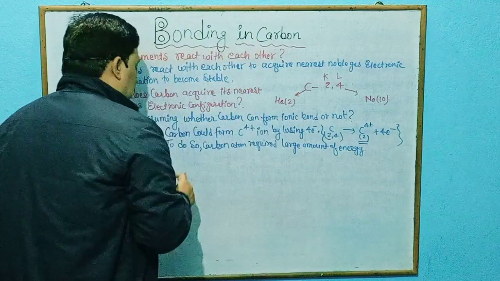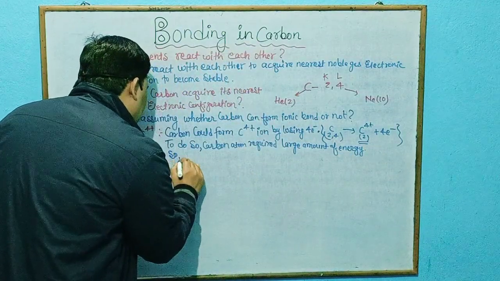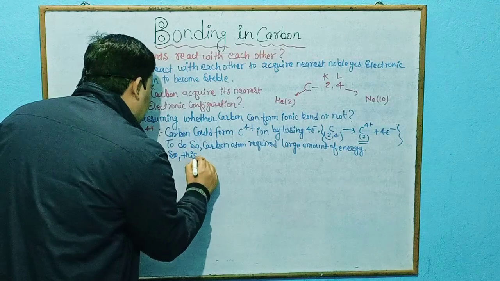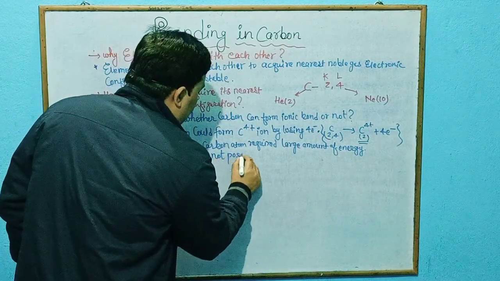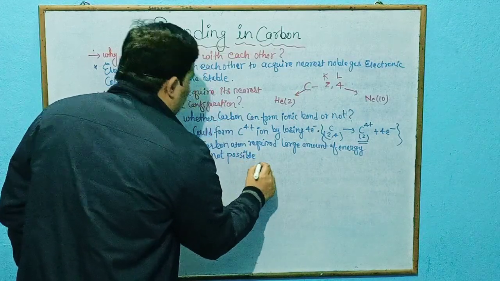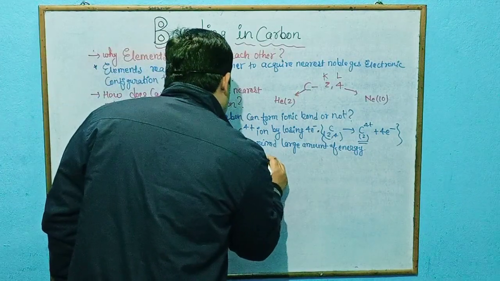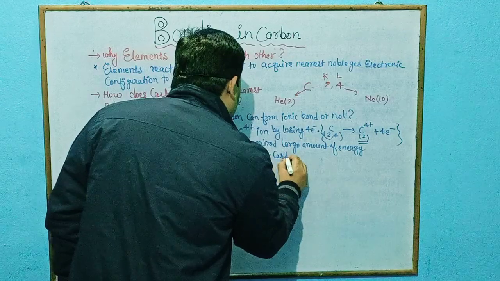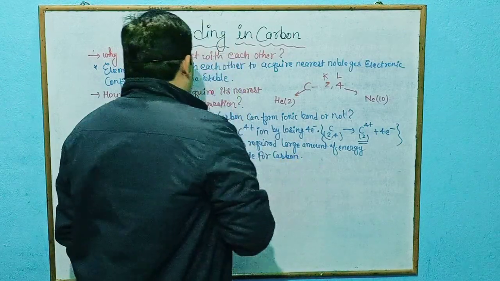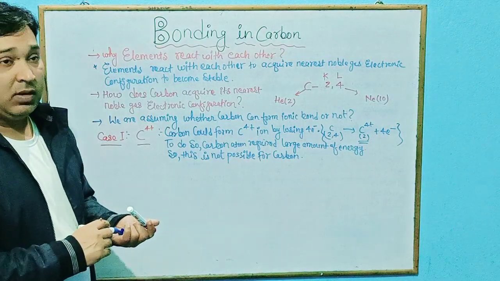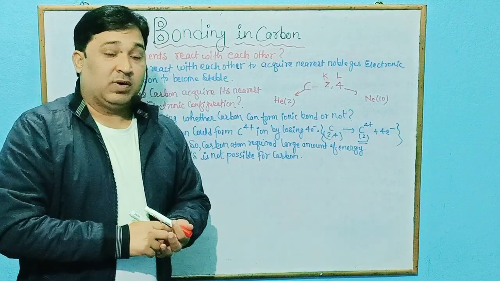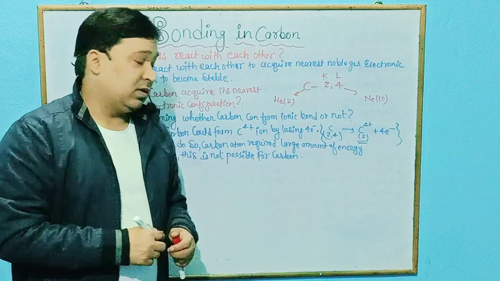So this is not possible for carbon. We see that formation of the C4+ ion is not possible. Carbon cannot lose 4 electrons, because the requirement of energy is very high.